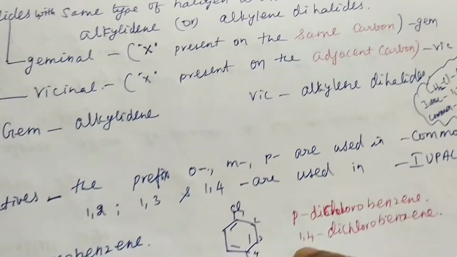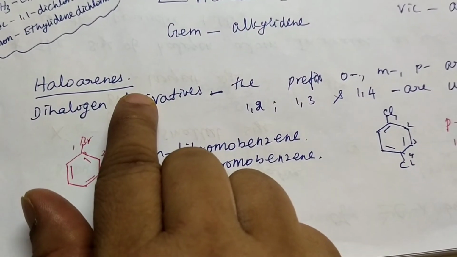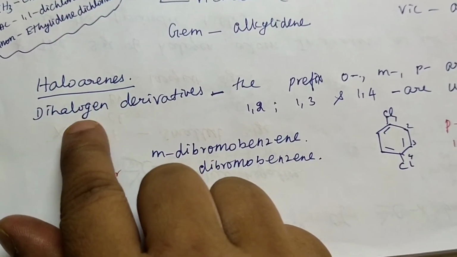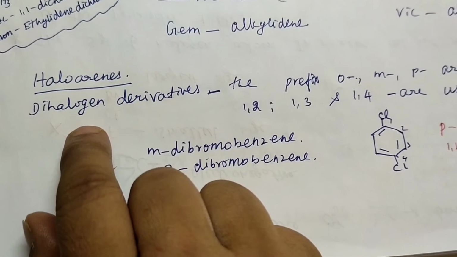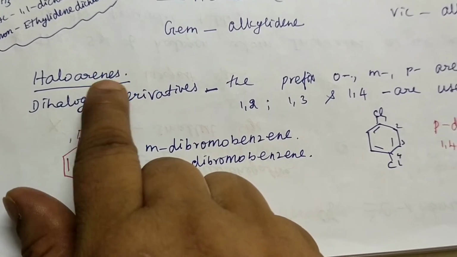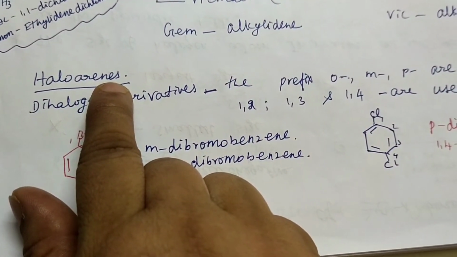Now for the haloarenes, how to name them? Haloarenes means a halogen attached to the benzene ring. If only one halogen is present, it is called halobenzene: if chlorine, chlorobenzene; if bromine, bromobenzene.